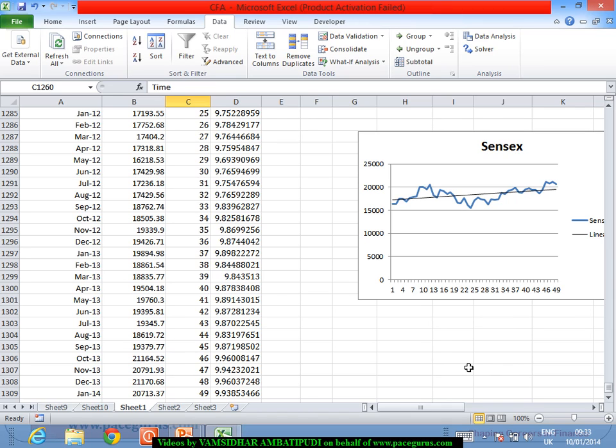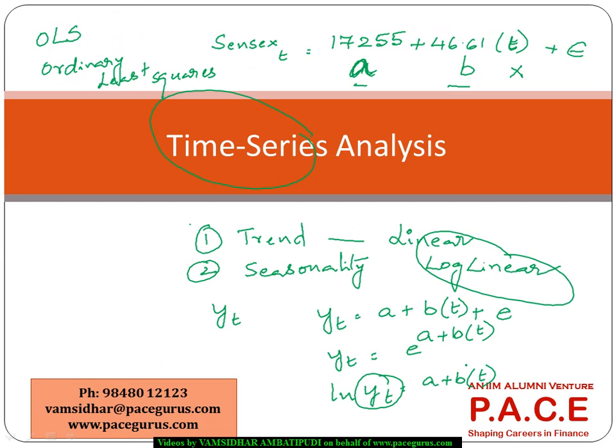When the variable is moving at a more constant rate, the log linear model is more and more appropriate. Here I can differentiate: is the growth happening by a constant amount? If it is growing by a constant amount, then a linear trend model is more appropriate.